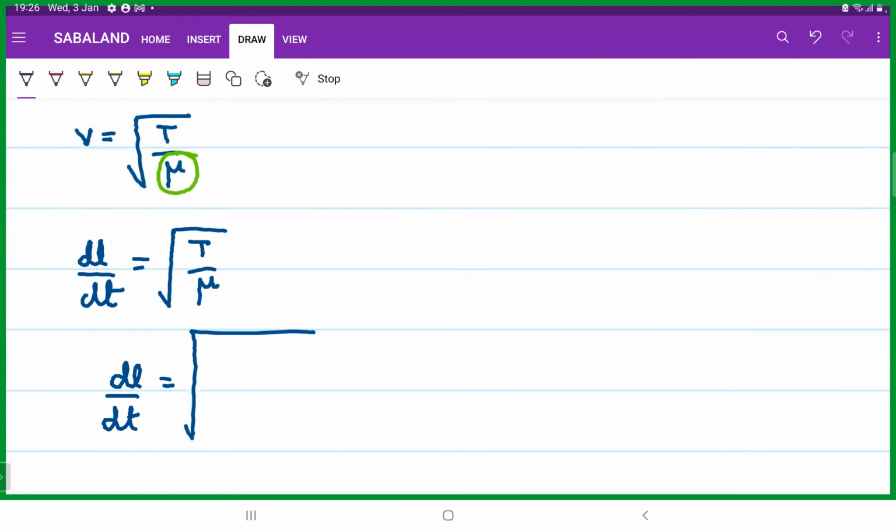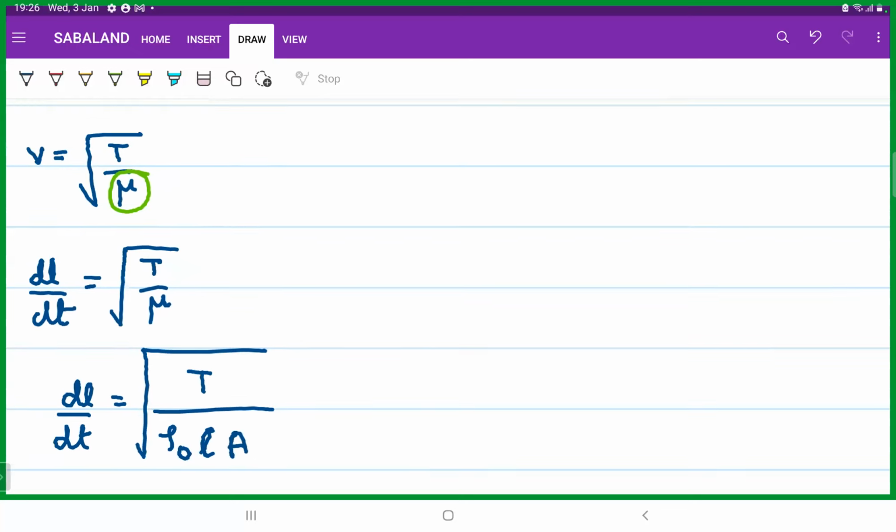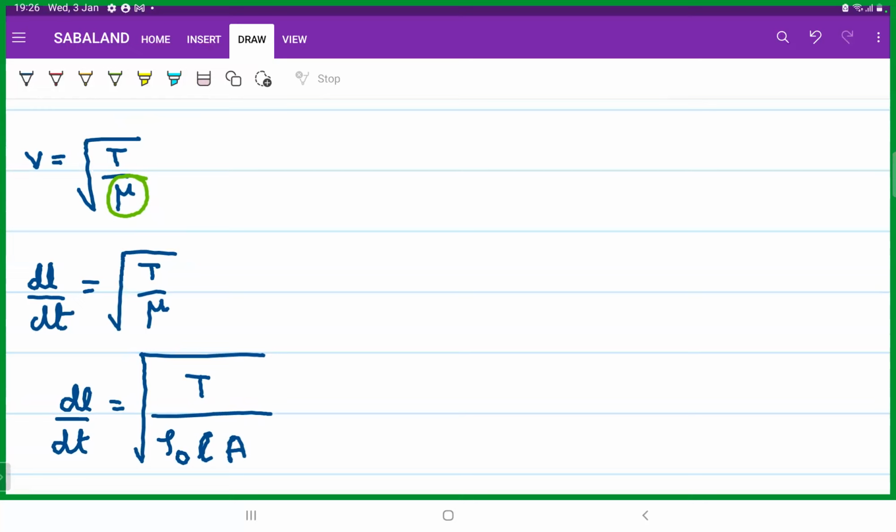So the tension is constant and mu is mass per unit length. The mass is rho naught l A, very obviously, because density into volume is the mass. And this will be divided by the length, the entire thing will be divided by the total length.